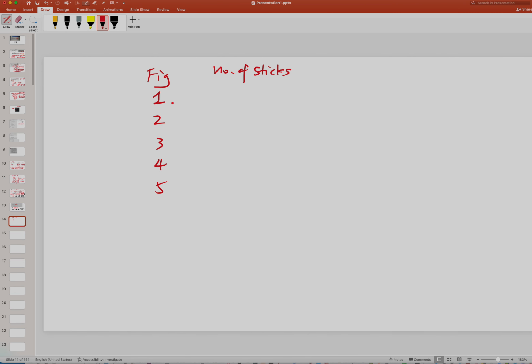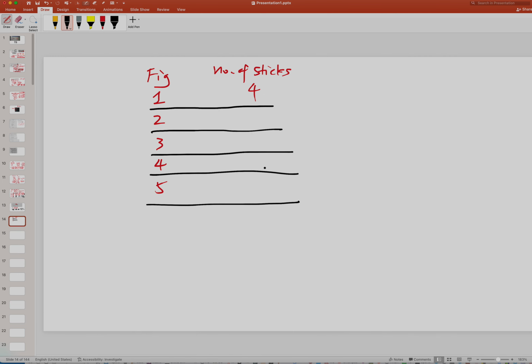So basically they tell you figure 1, there are 4 sticks. Then this one is 7 sticks. This one is 12 sticks. This one 15 sticks. This is 20 sticks. Then they ask you figure 57 how many sticks.